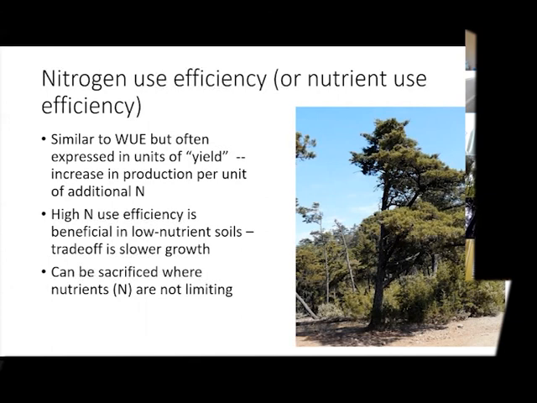You can talk about nutrient use efficiency in the same way that you can water use efficiency, and it's just how well does a plant grow given a certain unit of nutrients.